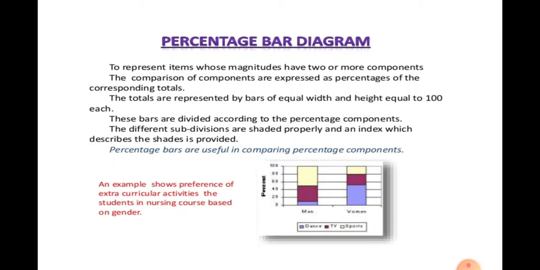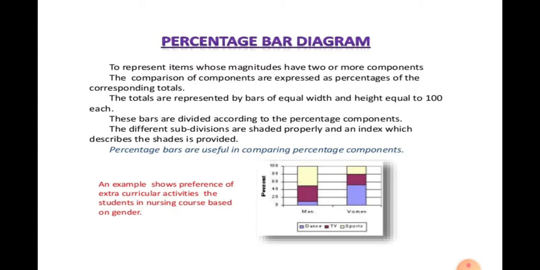Then percentage bar diagram. To represent items whose magnitudes have two or more components, the comparison of components is expressed as percentages of corresponding totals. The totals are represented by bars of equal width and height equal to 100 each, because the frequency is converted into percentage and the sum total will definitely be 100.